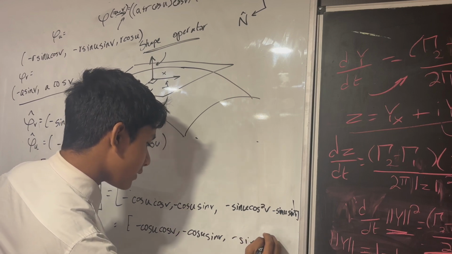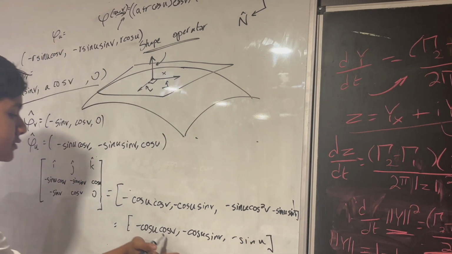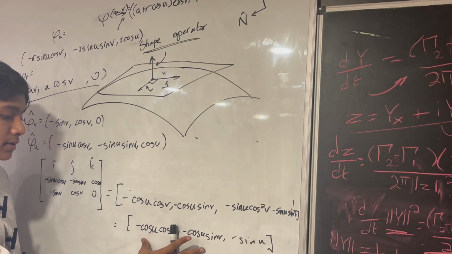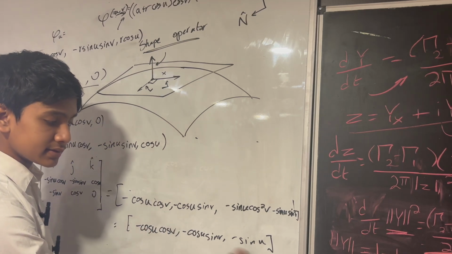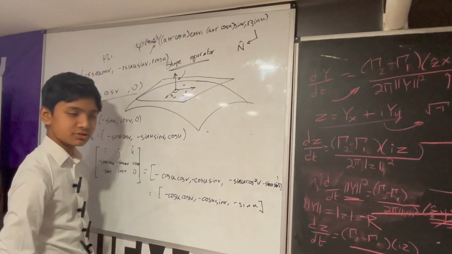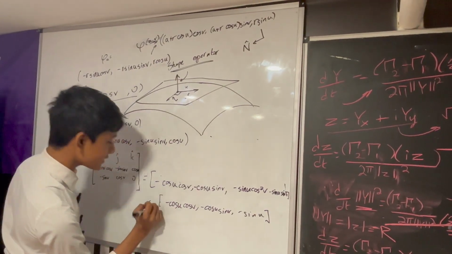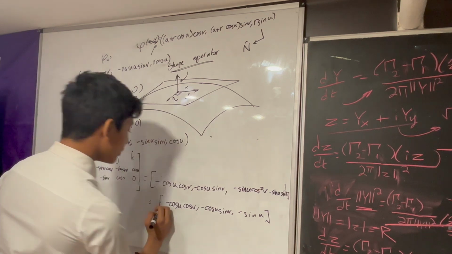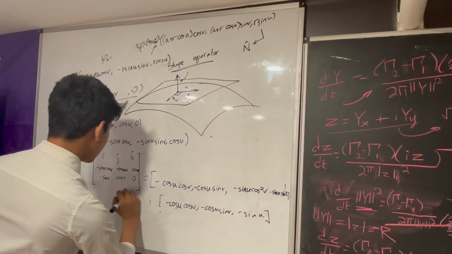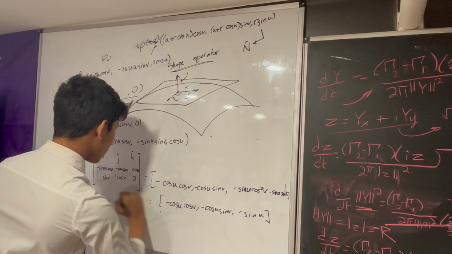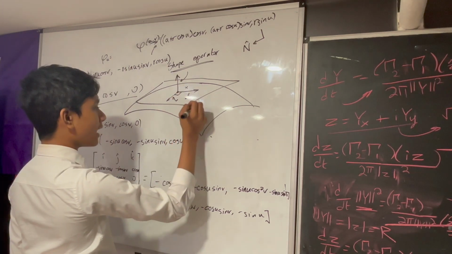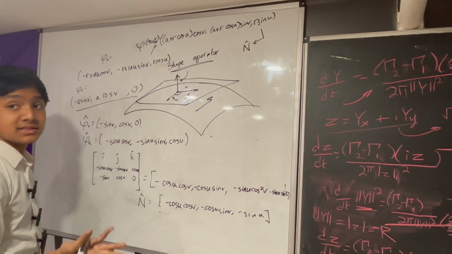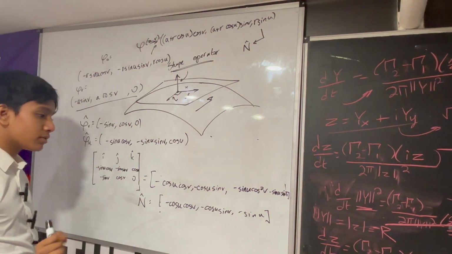And you can verify for yourself that the magnitude of this is indeed 1, because the squares of these sum up to cosine squared u plus sine squared u, so the magnitude of this vector is 1. Okay, so this is our unit normal field, perpendicular to our surface, or our torus in this case, at every single point u, v.